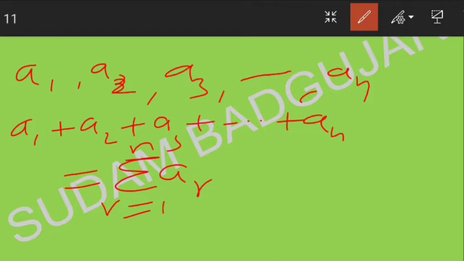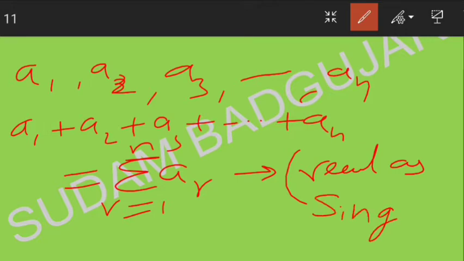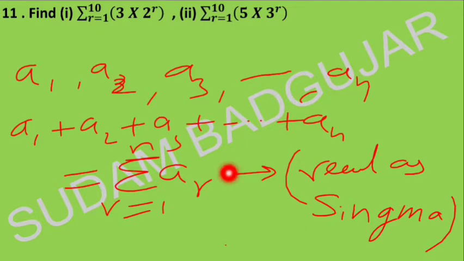Okay, how is this summation read? This is read as sigma notation, sigma of a r. Here a is constant, r is variable.